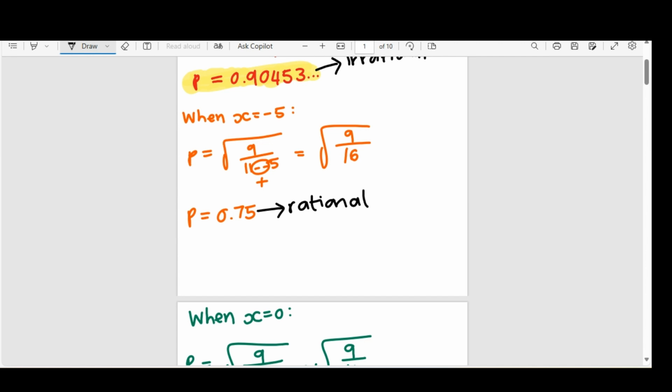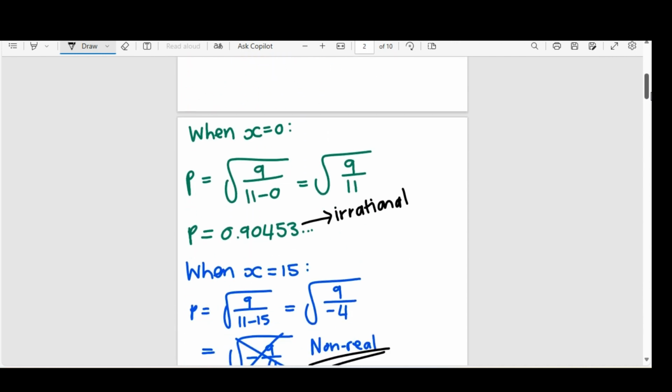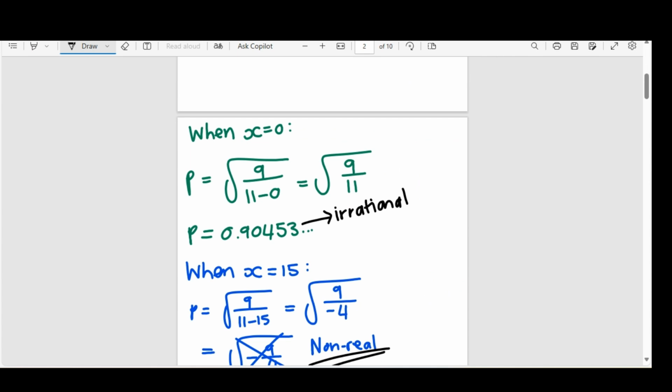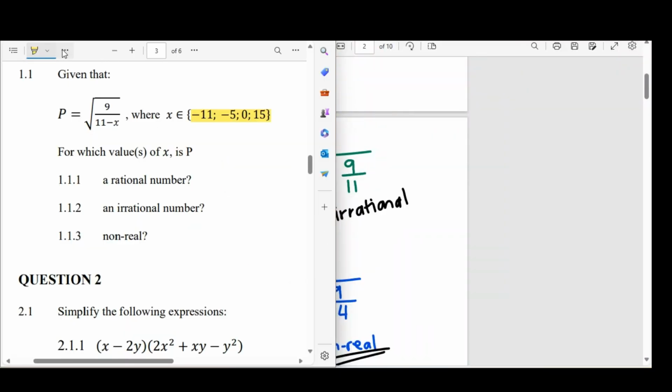Let's fill this in then on the answer sheet. The values that are irrational are when x is negative 11 and when x is 0. So irrational is when x is negative 11 or x is 0.